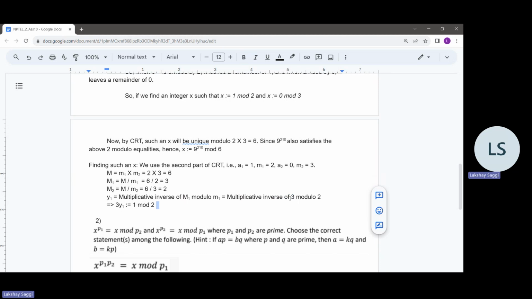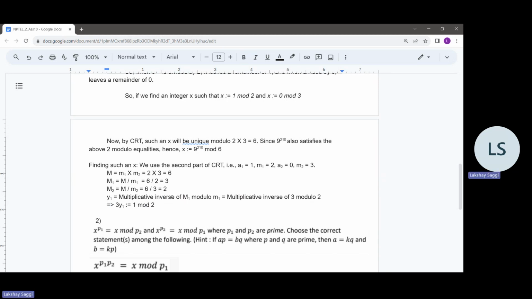So when 3 is multiplied by this y1, we get a value of 1 modulo 2. I hope this is clear to everyone. So we need to find the value of y1 in this, right?